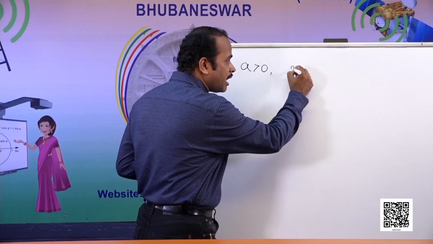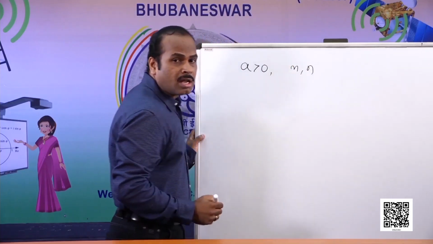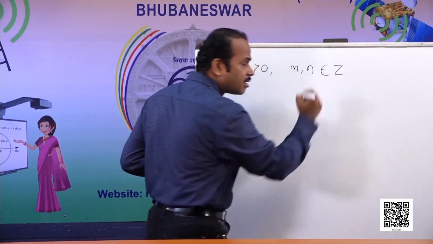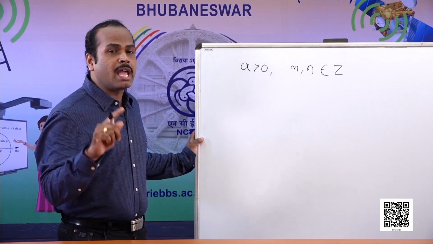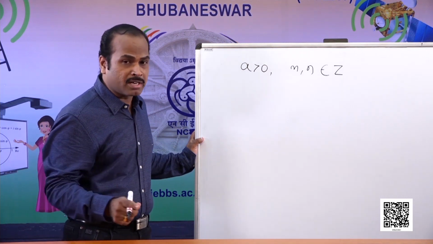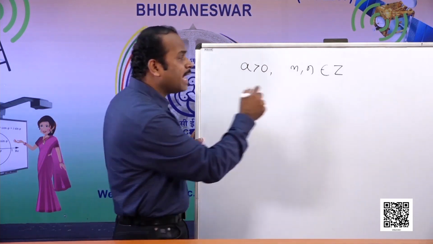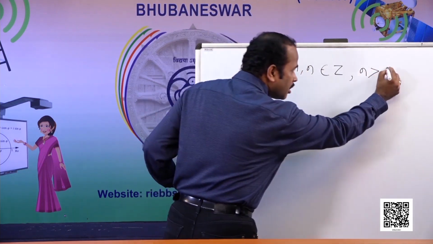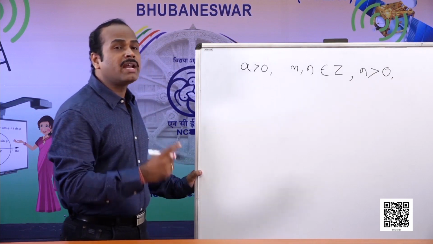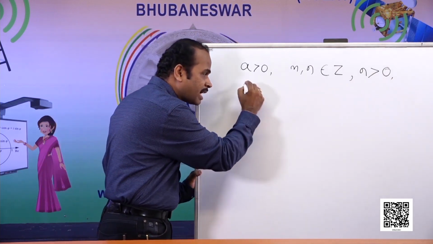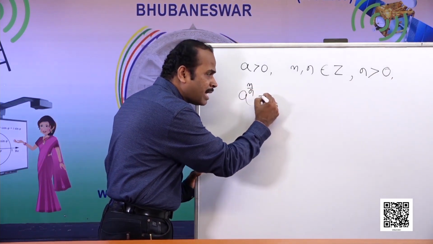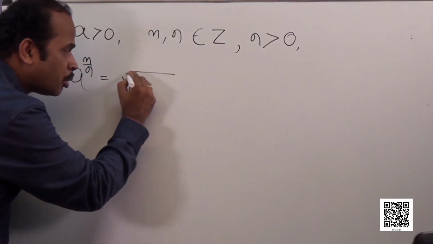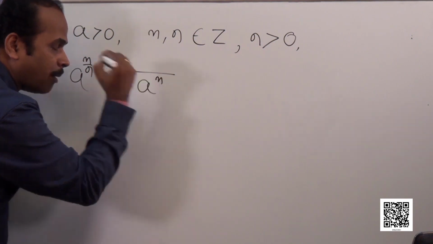So here m and n are integers belonging to Z. In this case, a to the power m by n is equal to the nth root of a to the power m.